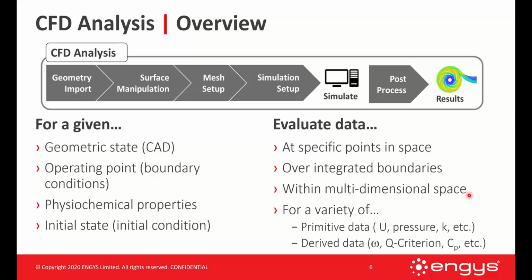So multidimensional could be X, Y, and Z, and also in time. And we do this for a variety of primitive data, so things that come out of the Navier-Stokes or momentum equation, and also derived data. So we're looking at vorticity or Q criterion or pressure coefficient, lift and drag coefficient.